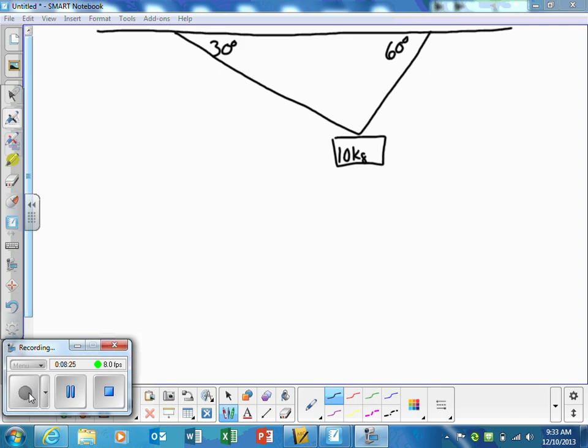Okay, so now we're going to find the asymmetrical case. So I guess the first thing I would do when I'm doing these is draw my x components, because I know those are equal to each other. And then my y components will fall in line according to that. So I'll just say that this here is equal to this.